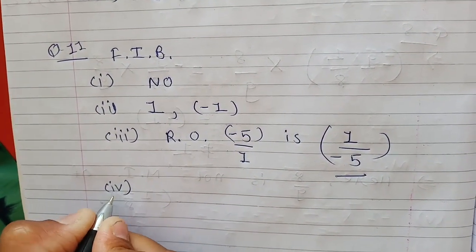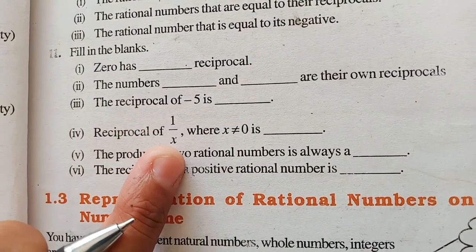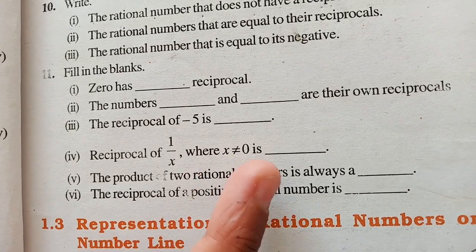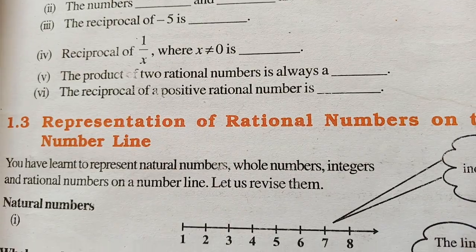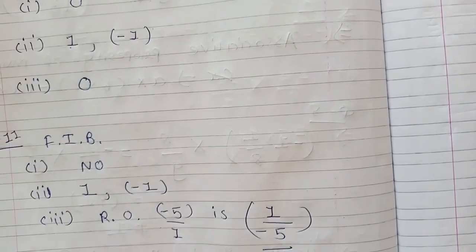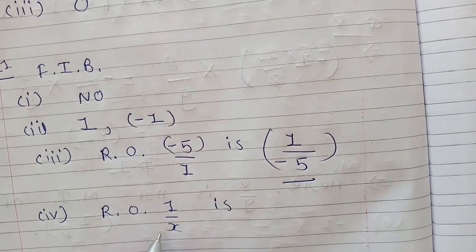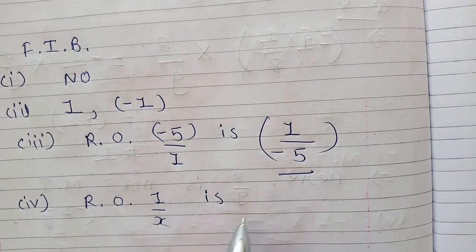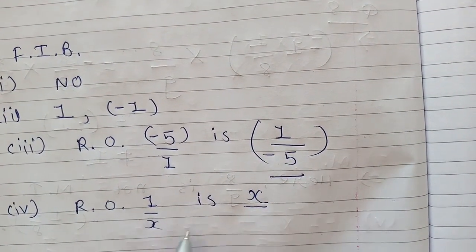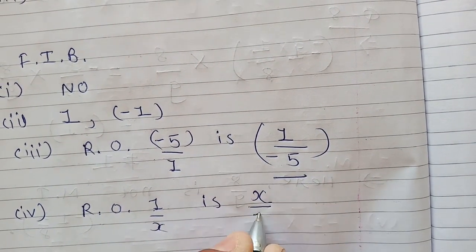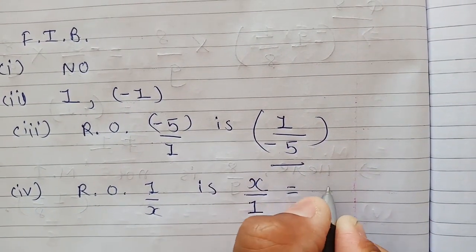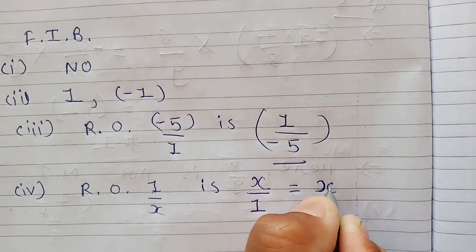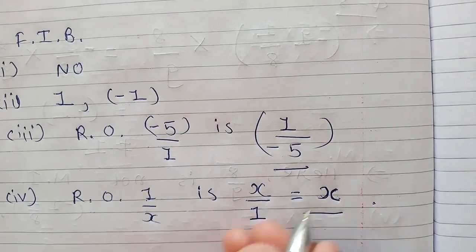After that, the fourth blank: the reciprocal of 1 upon x, where x is not equal to 0, is. Here x is in the denominator, so in the reciprocal we put it in the numerator, and 1 goes in the denominator. So simply x upon 1 means x. This is our answer.